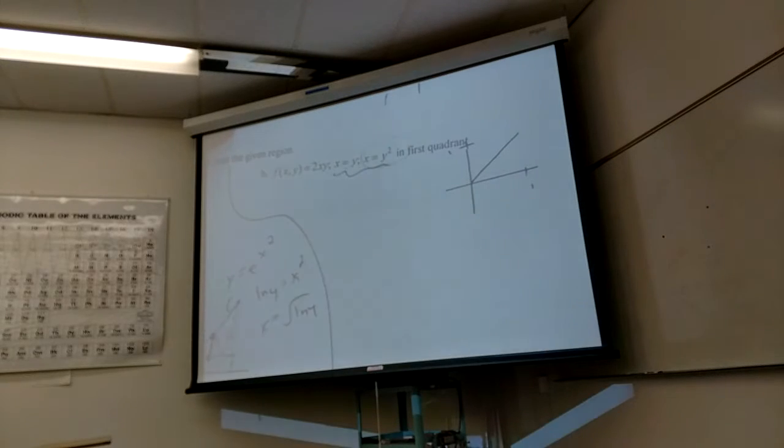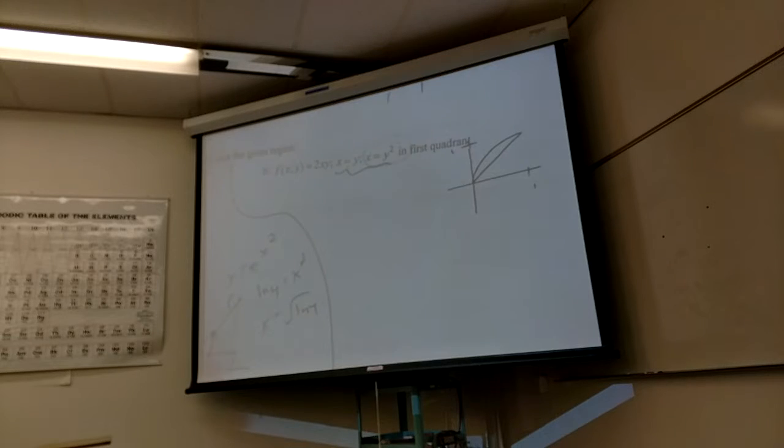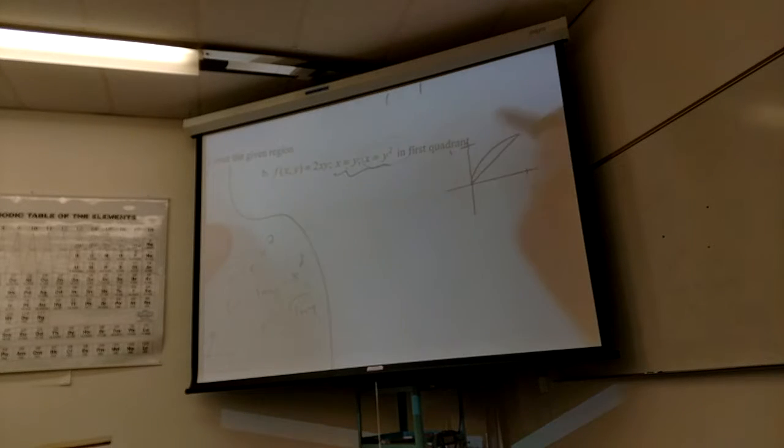Now x equals y squared is y equals square root of x, and the square root of x between 0 and 1 is actually bigger than x. So this is going to be x equals y squared, or y equals square root of x, and this is going to be x equals y.